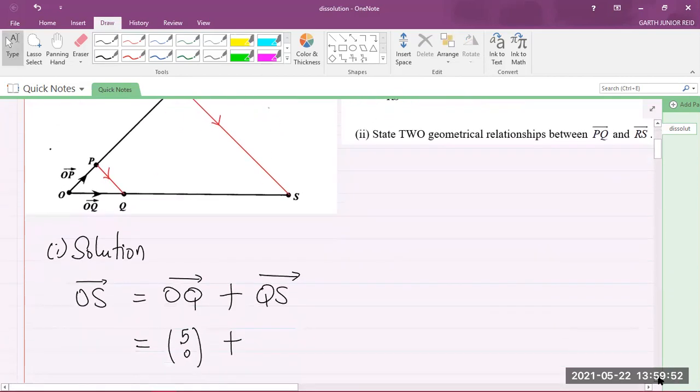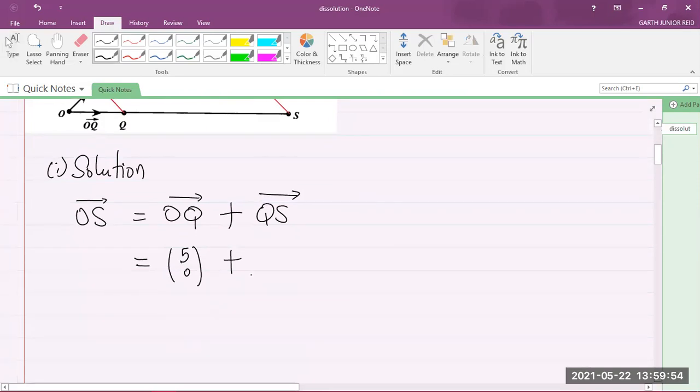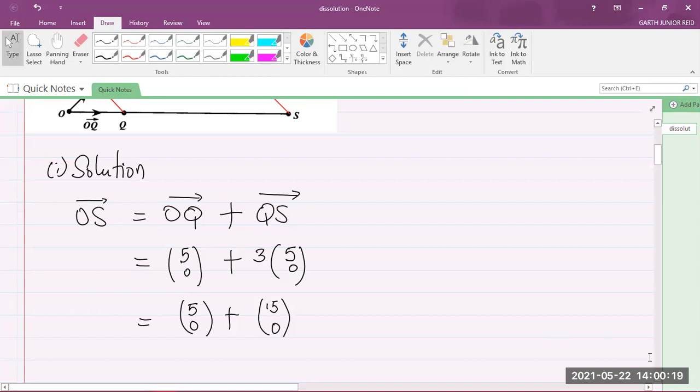So with that information, I can write 3 times the vector OQ, which is (5, 0). So now I have (5, 0) plus, and I'm now going to perform scalar multiplication here. It's going to be 3 times 5, which is 15, and 3 times 0, which is 0. If you have a number outside of the brackets, we multiply it by each element inside.